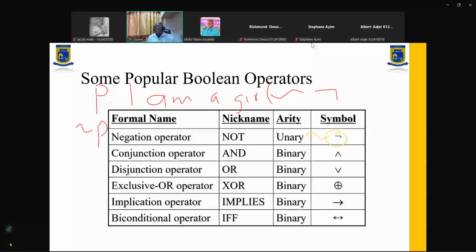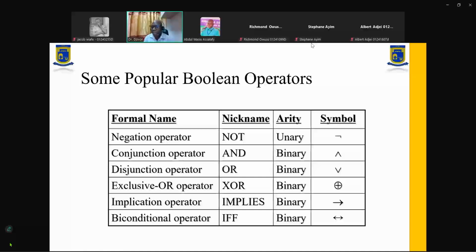So when I say binary, you are going to give me two statements.